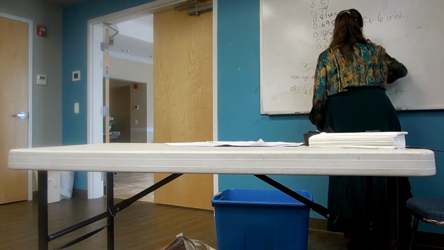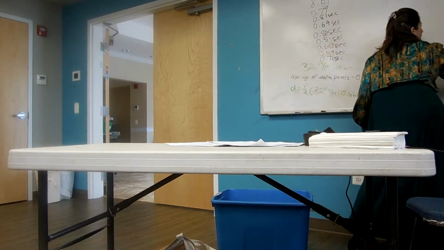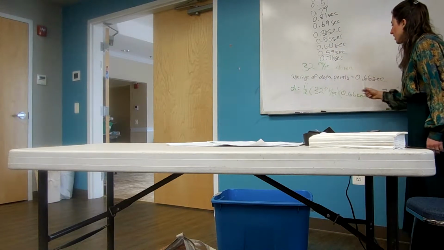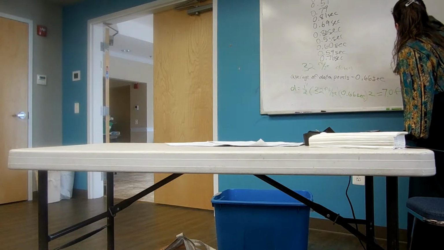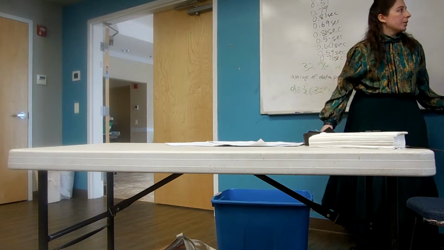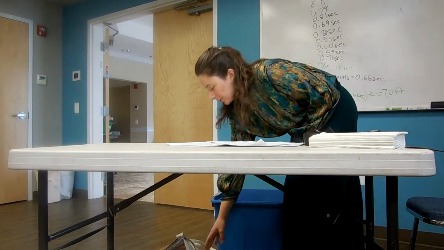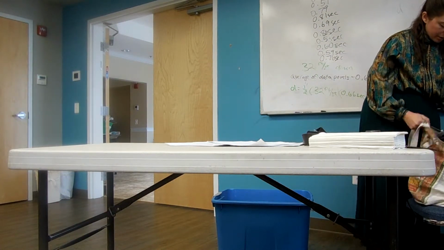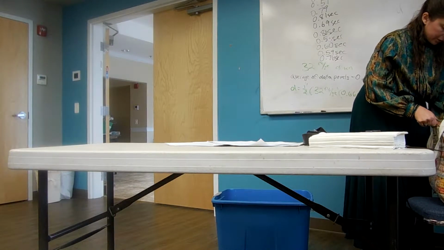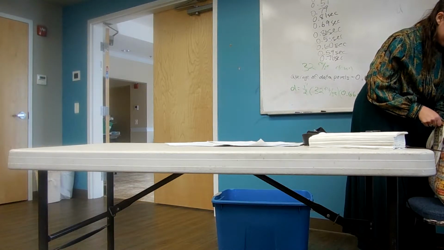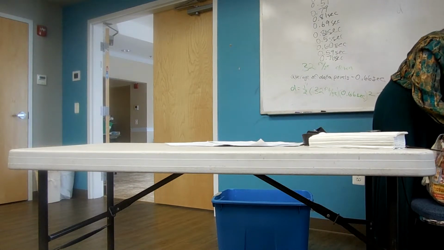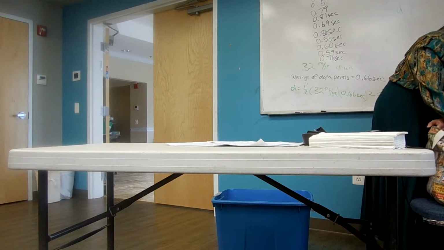So all I have to do for that is just change the, I give up. I have new pens somewhere, hold on. You just have to change the acceleration number from 32 feet per second squared down to 9.8 meters per second squared down.